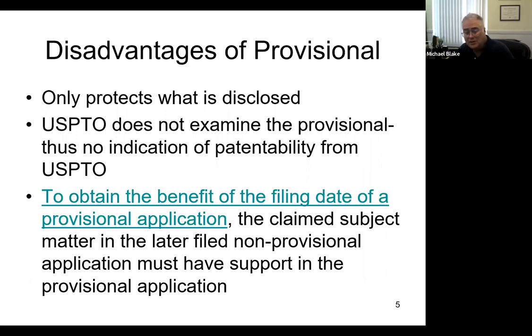But 90% of the time they issue an office action where they reject all your patent claims, and they're comparing your patent application to what's out there as far as prior art. Or they may allow it. But you don't get any of that indication. You won't get an office action or a notice of allowance for a provisional. They just hold it for a year.